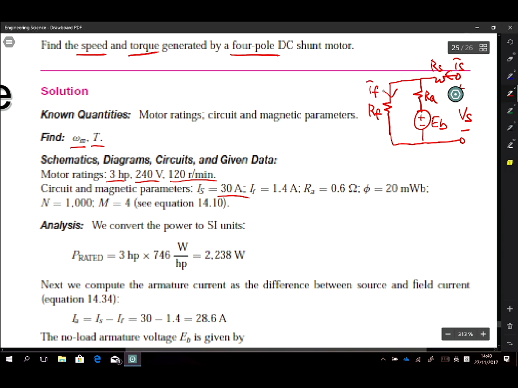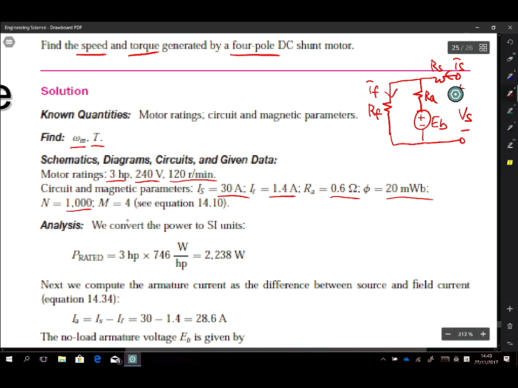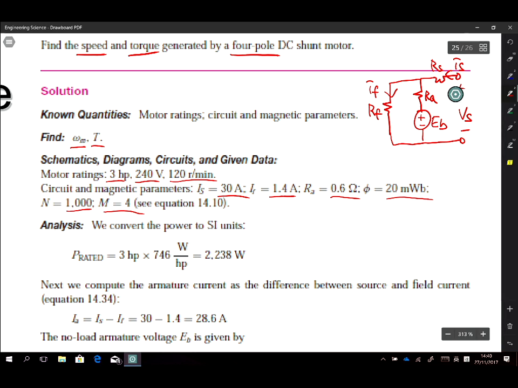The field current, IF, equal to 1.4 amp. RA equal to 0.6 ohm. The magnetic flux equal to 20 milliweber. N equal to 1000, M equal to 4. Firstly, we make a calculation on the power in SI units.